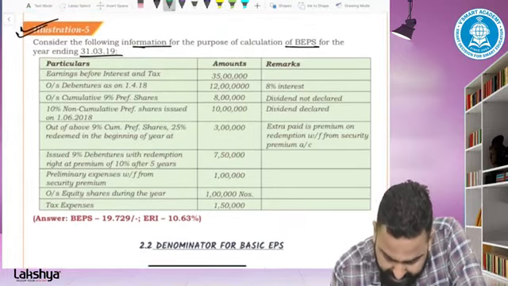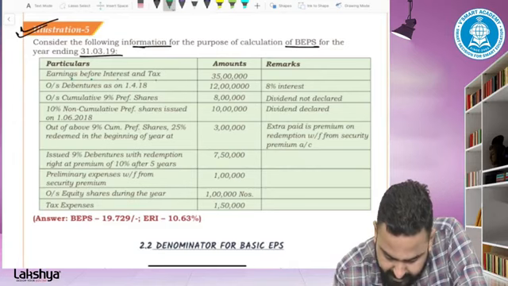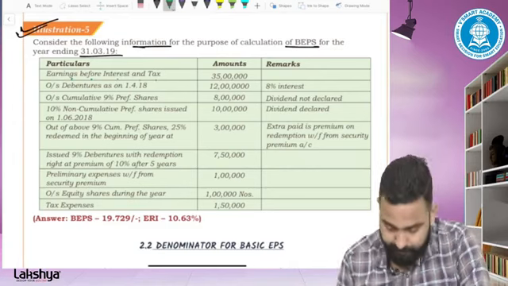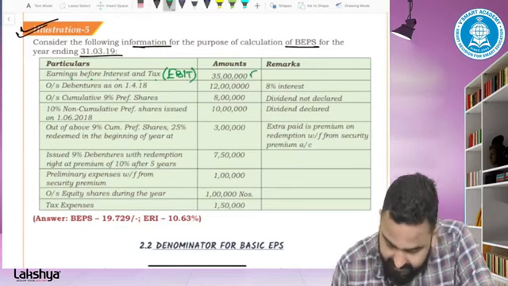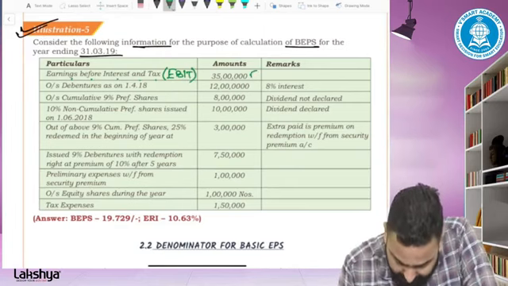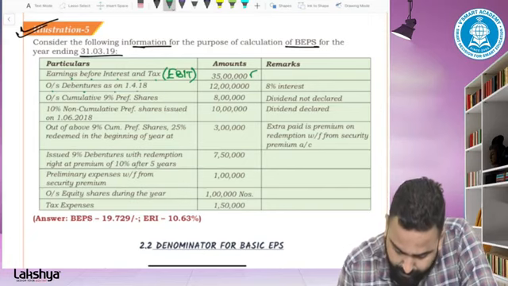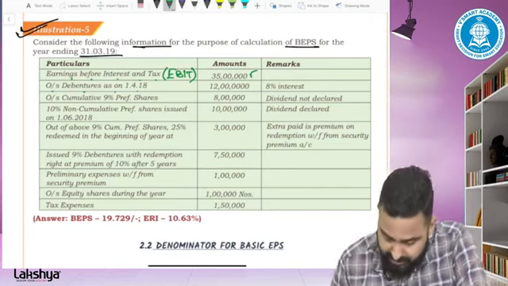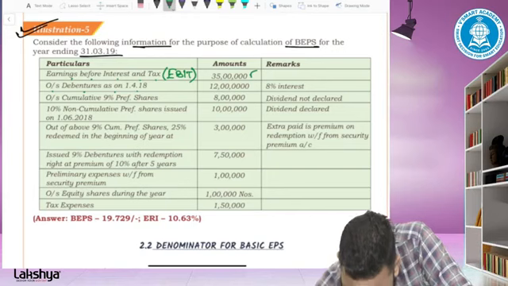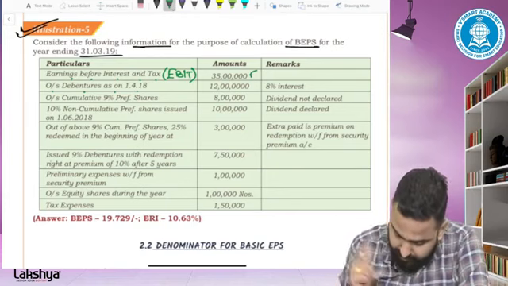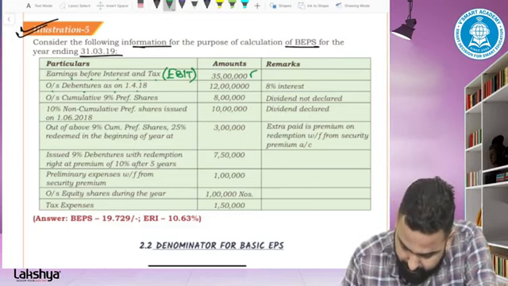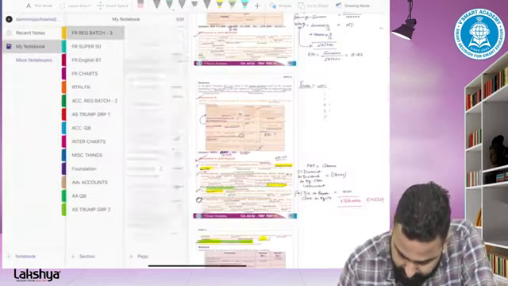First of all, we have earnings before interest and tax, EBIT, of 35 lakh. We have outstanding debentures as on 1/4/18, that is the beginning of the year, of 1 crore 20 lakh.